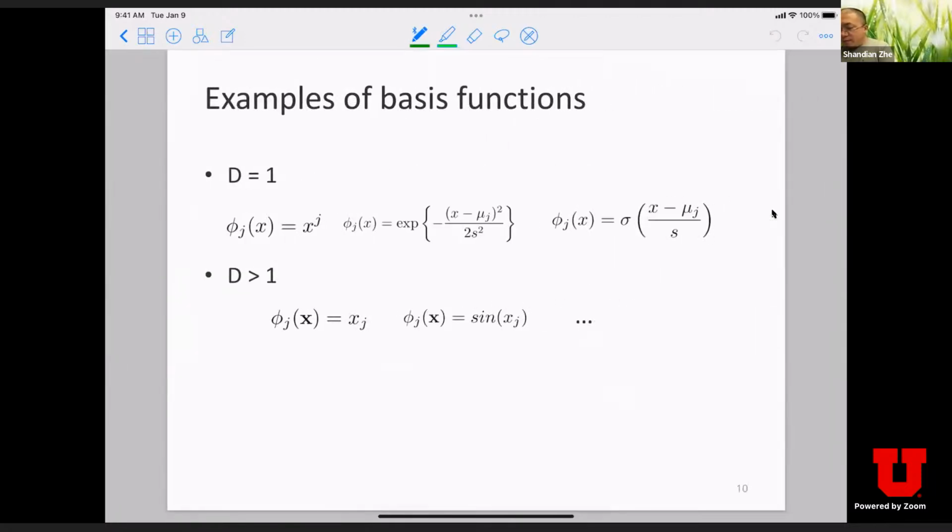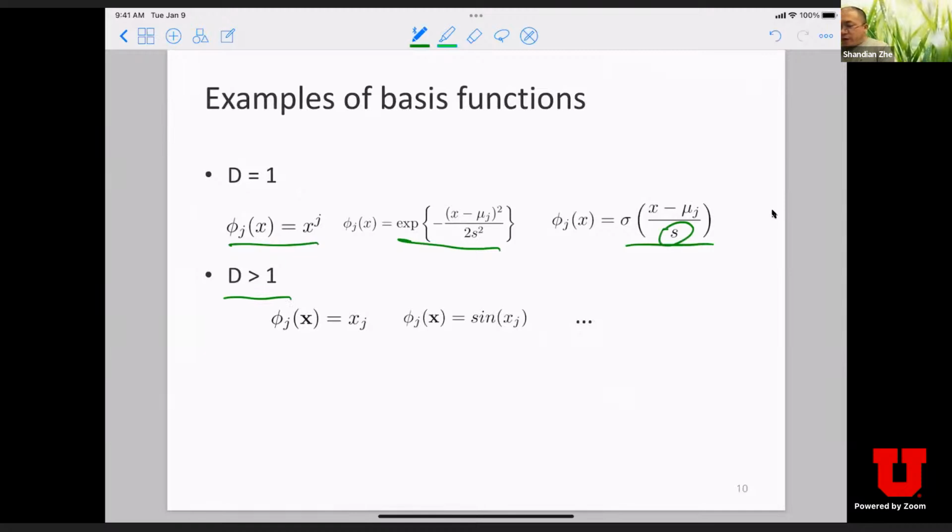For example, I can define the jth basis function over x as x to the power of j, which is polynomial. Or some exponential term, which has a Gaussian form. Or some sigmoid function with some shift mu j over the length scale s.